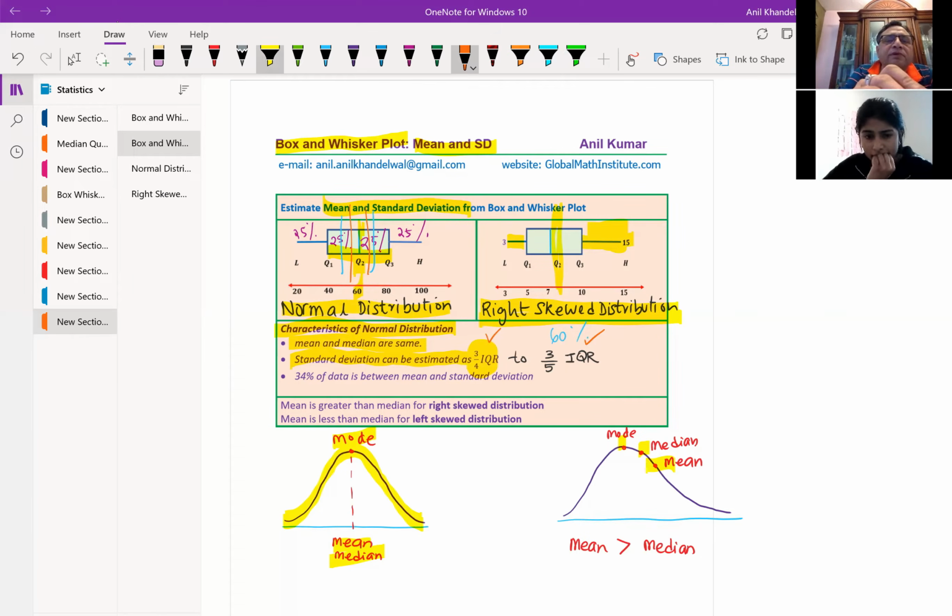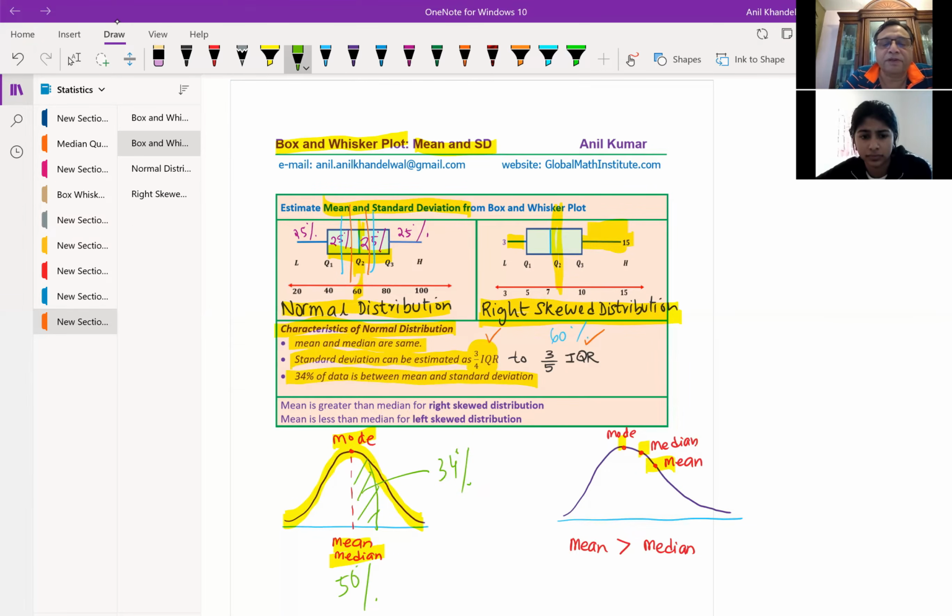The third thing which you also know about is that in case of a normal distribution, the data between the mean and the standard deviation is around 34%. So from the mean is like 50% of the data, correct?